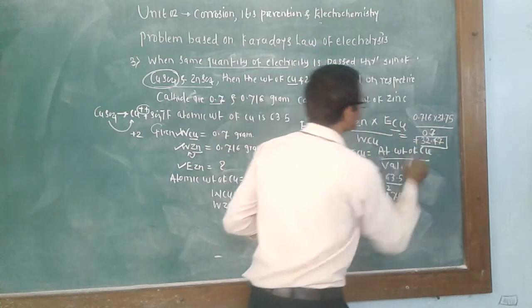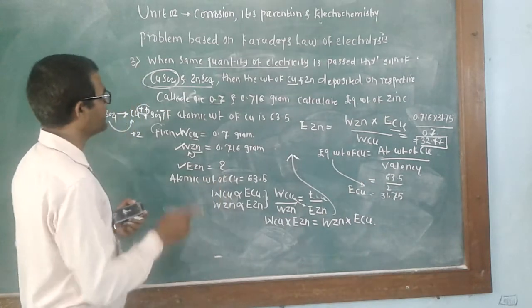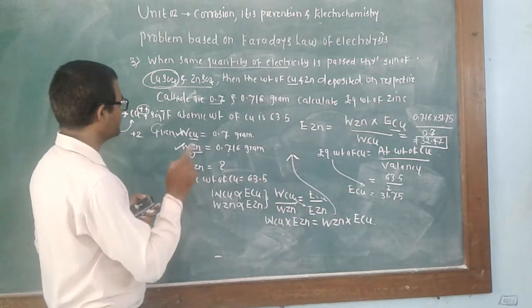So 32.47 is the equivalent weight of your zinc.